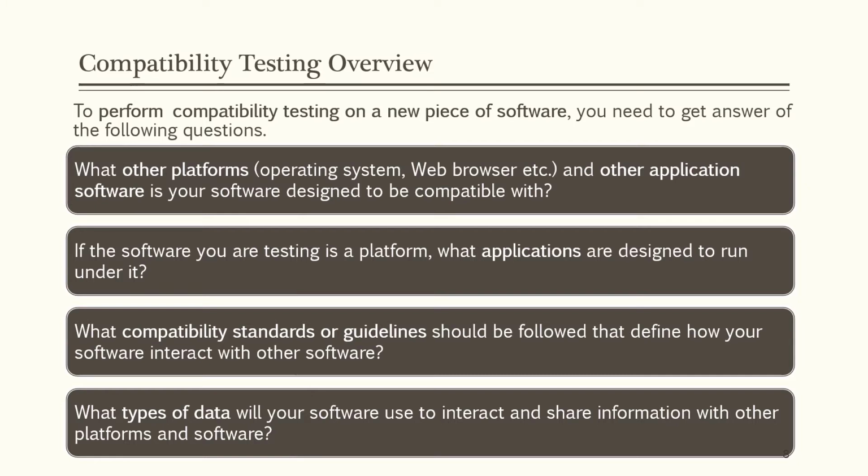Third one is what compatibility standards or guidelines should be followed that define how your software interacts with other software. Fourth question is what types of data will your software use to interact and share information with other platforms and software.